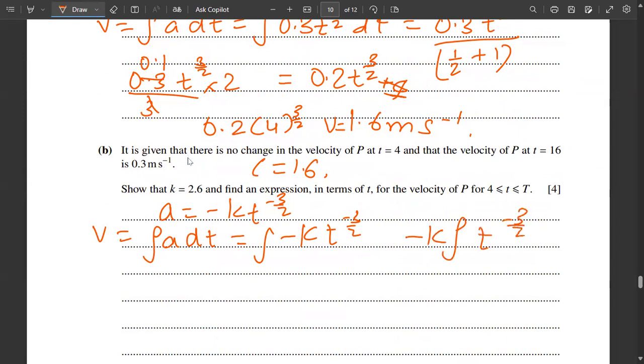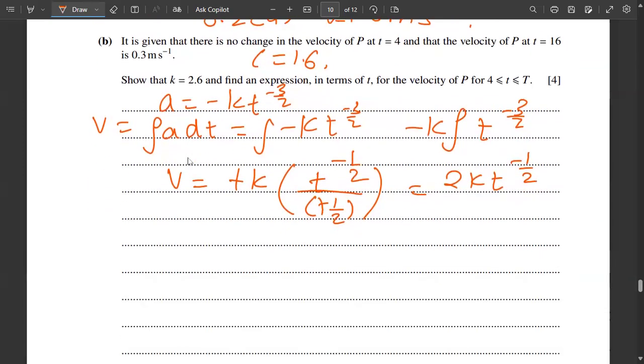So velocity equals minus k times t raised to minus 1 by 2 upon minus 1 by 2. Minus minus cancels out, 2 goes up, which becomes 2k t raised to minus 1 by 2. This is the equation for velocity, plus c, obviously, we must not forget.